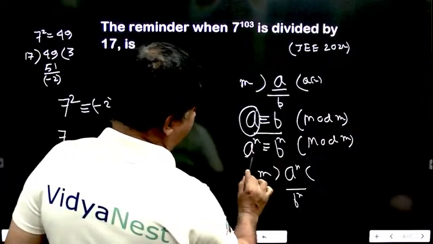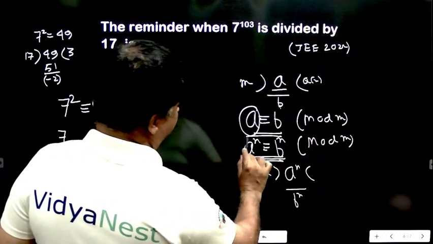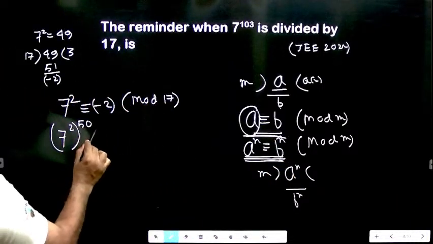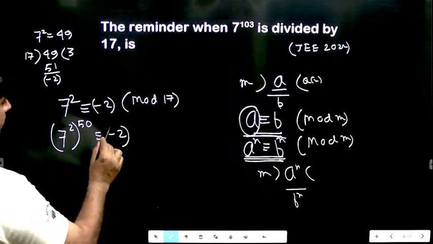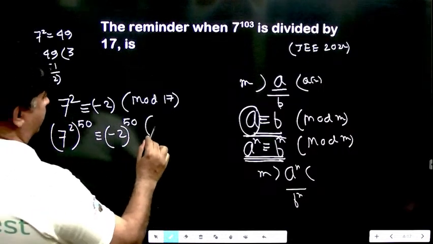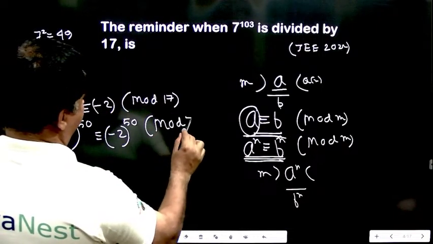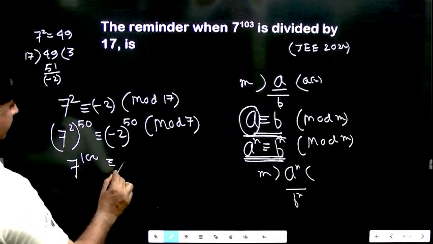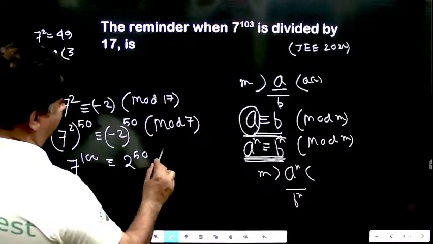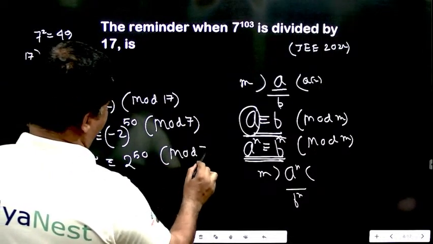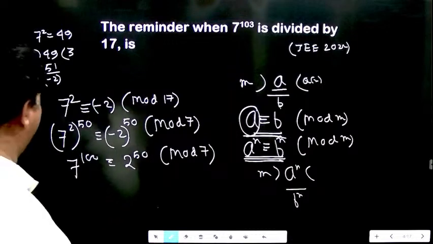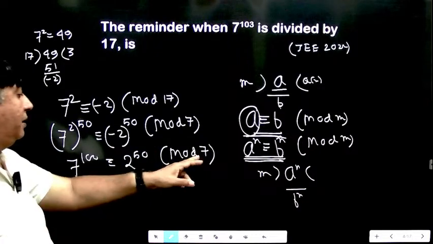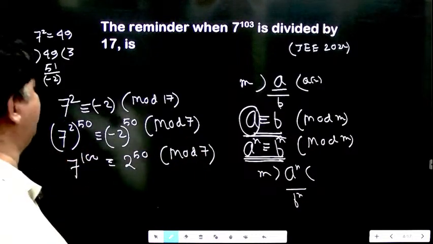Fermat's principle gives the privilege, I can take power 50 on both sides. So 7 to the power 100 is congruent to 2 to the power 50, mod 17. Now you are dividing 7 to the power 100 by 17, getting 2 to the power 50.